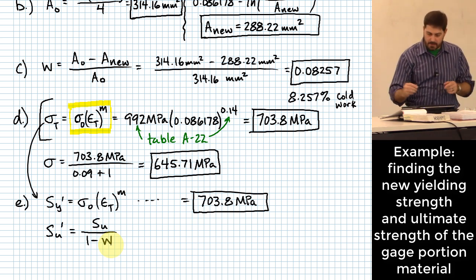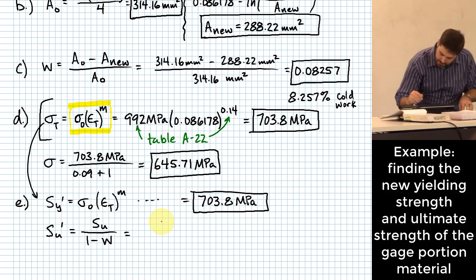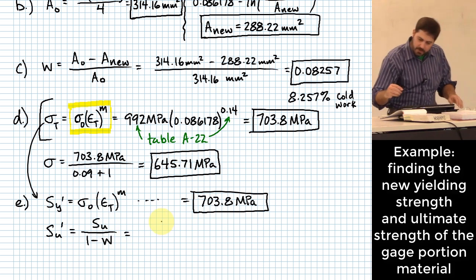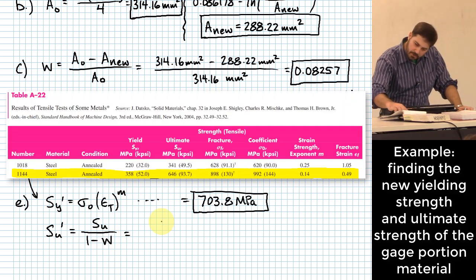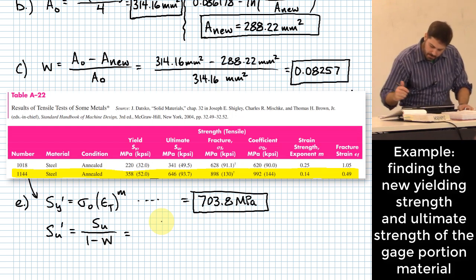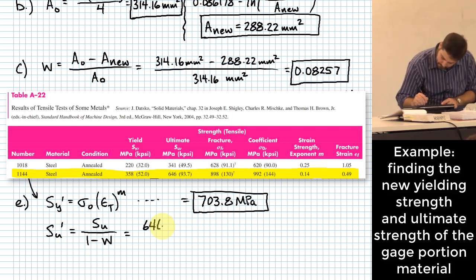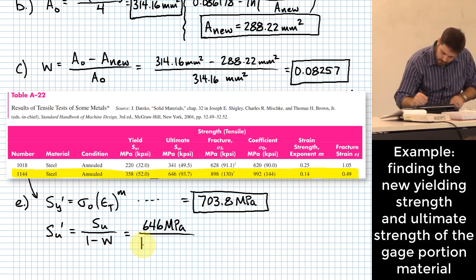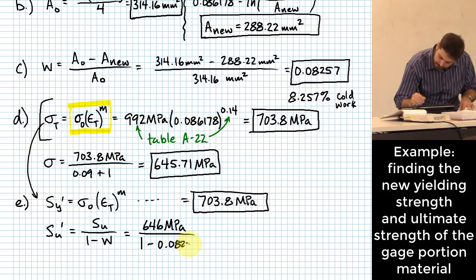Make sense? Okay, so what we do is we plug this in. The original ultimate strength value was in table A22 at 646 MPa. The cold work factor was 0.08257.